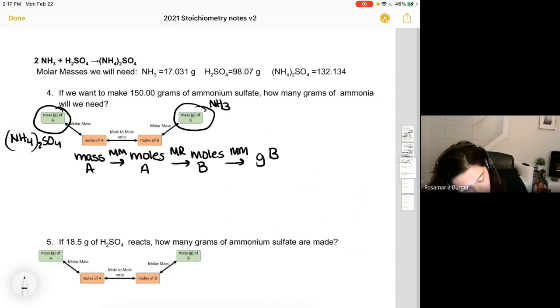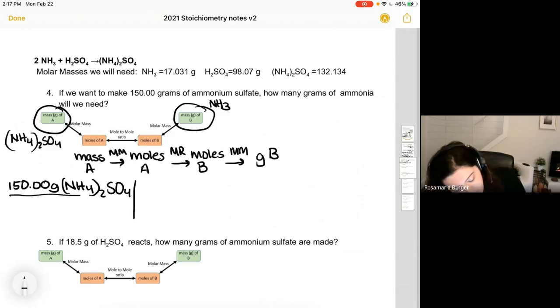We have 150.00 grams of ammonium sulfate, NH4 to SO4. We've got to get rid of grams and get moles by using the molar mass.